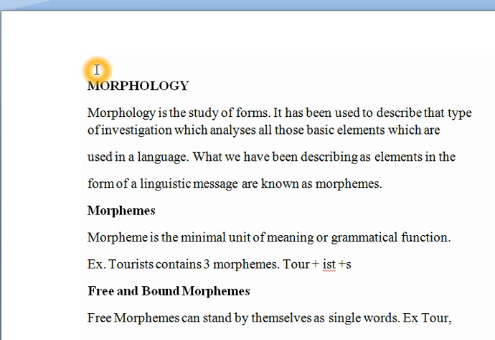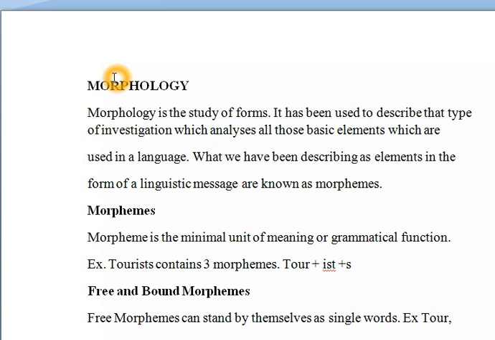Morphology means as-saf in Arabic, but actually it is something different. In Arabic we study it in a different way. But in English, because of the difference in the systems of the two languages, we have a difference even in morphology.